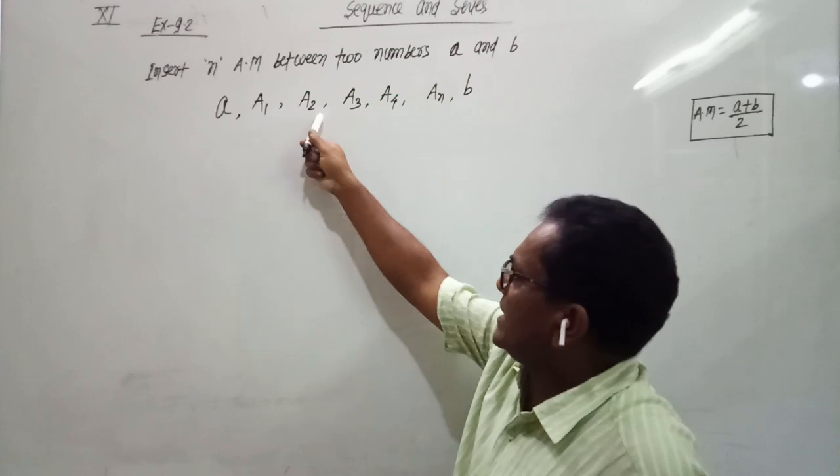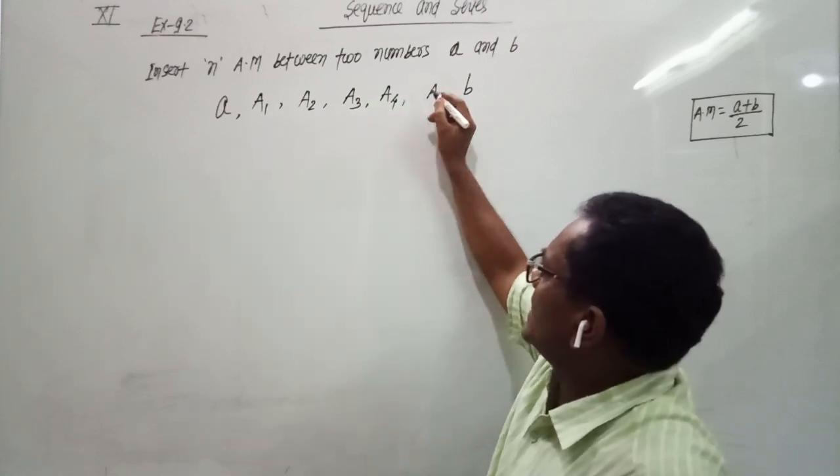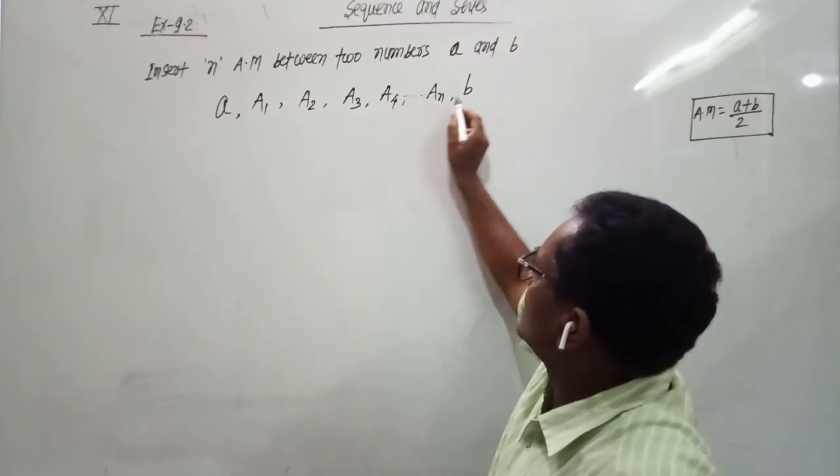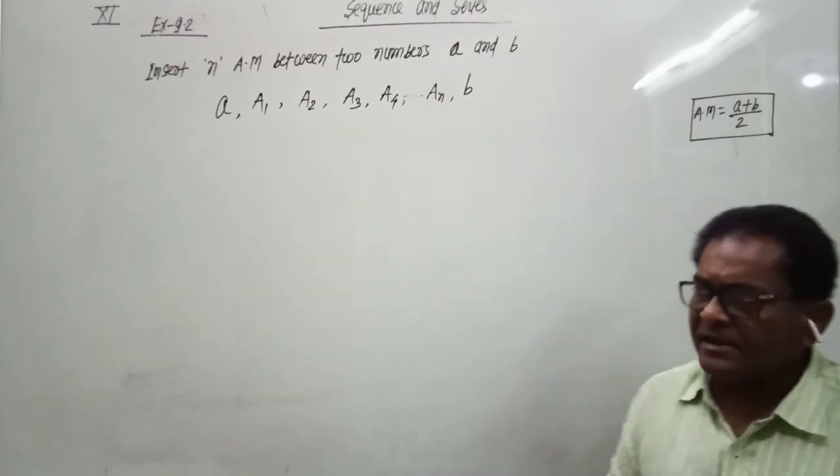So A, A1, A2, A3, A4, up to An, B are in AP.